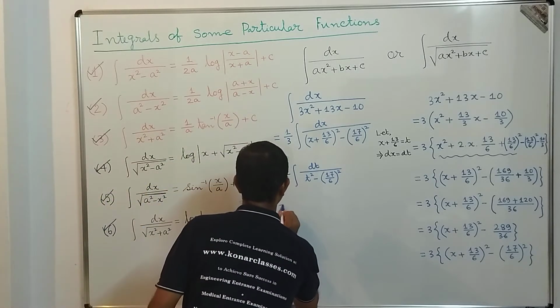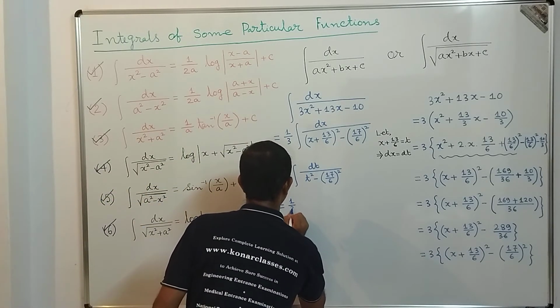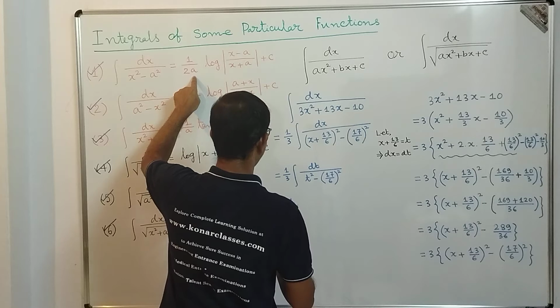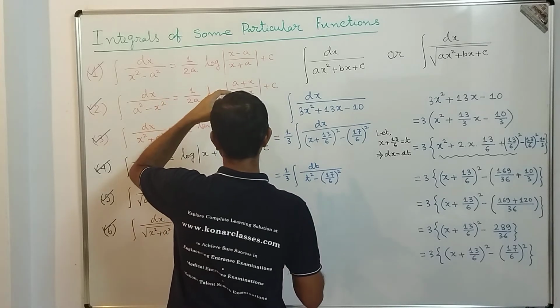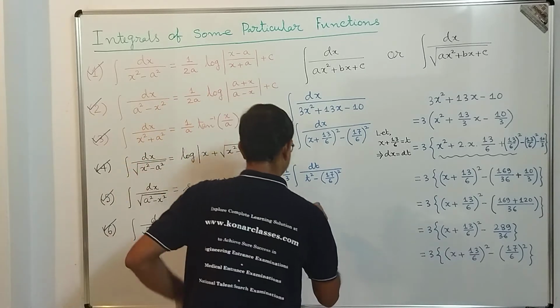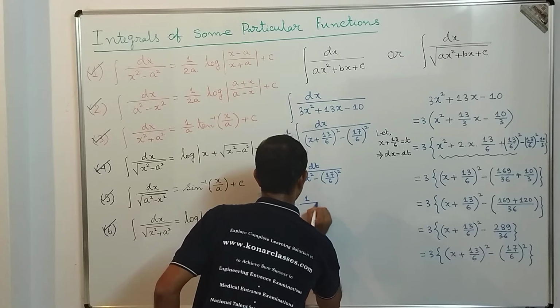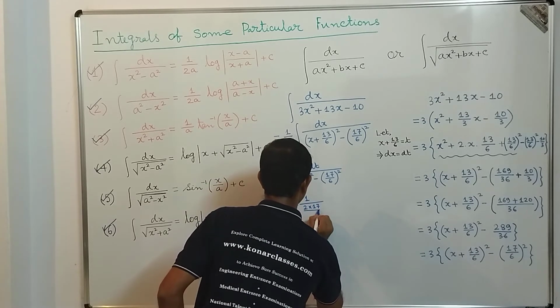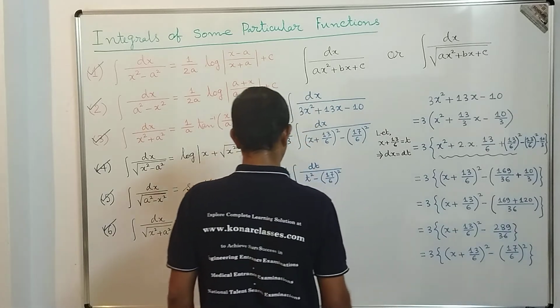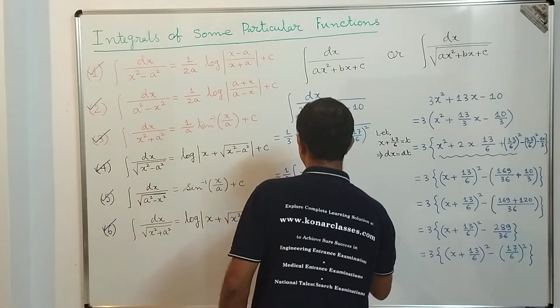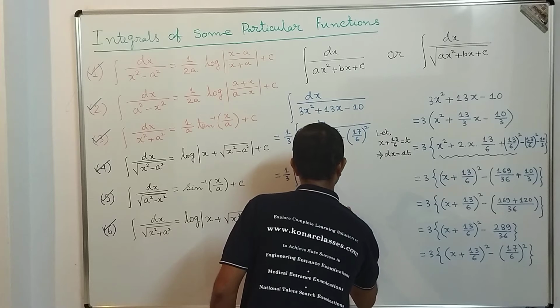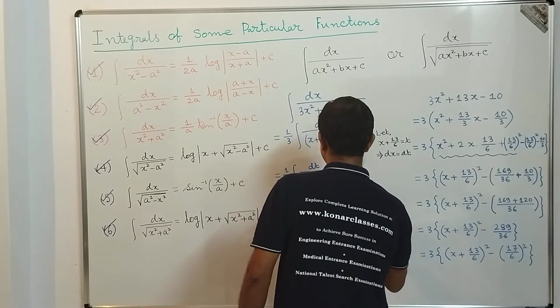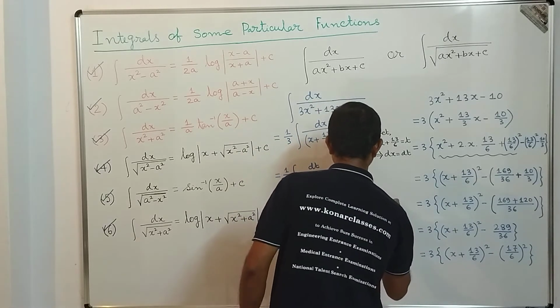So this is equal to 1 by 3 into 1 by 2a. What is a? 17 by 6. So that means 1 by 2 into 17 divided by 6, into log mod of (x minus a) by (x plus a), this is the formula.